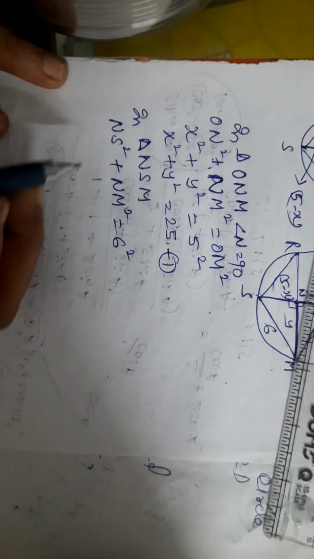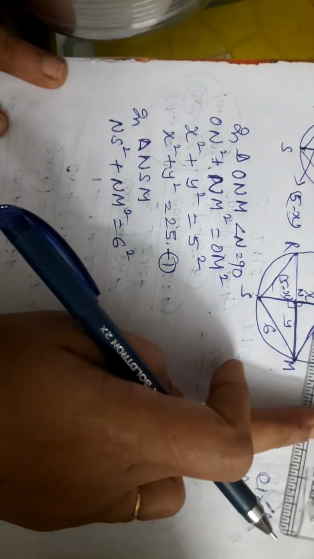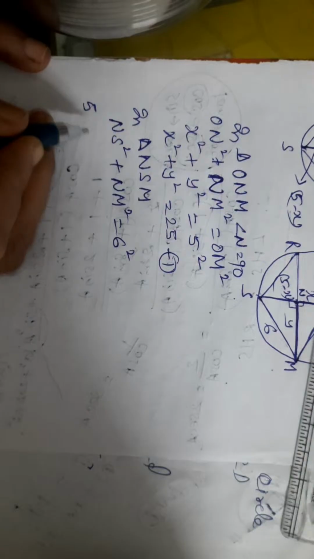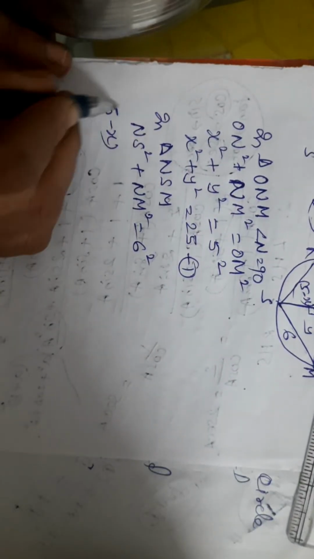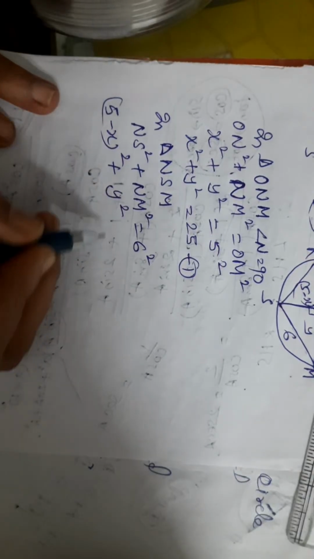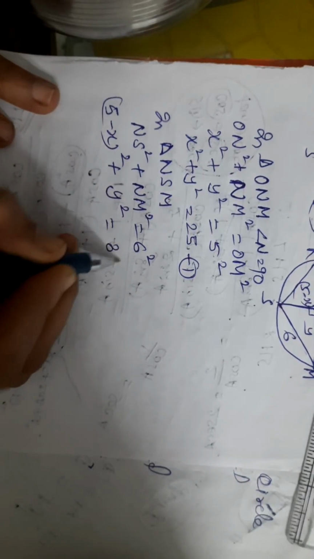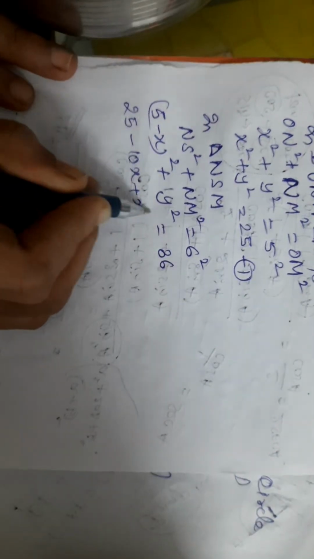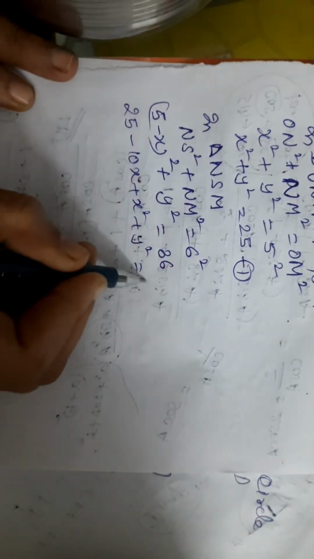Now what is NS here? NS is 5 minus x, square, plus NM, it's y, square, and then 6 square is 36. Now expand it. A minus b whole square identity is there. So it's 25 minus 10x plus x square plus y square is equal to 36.